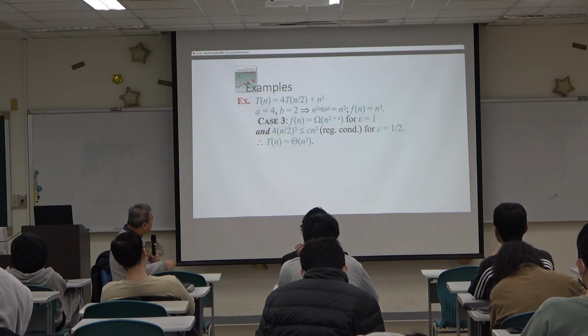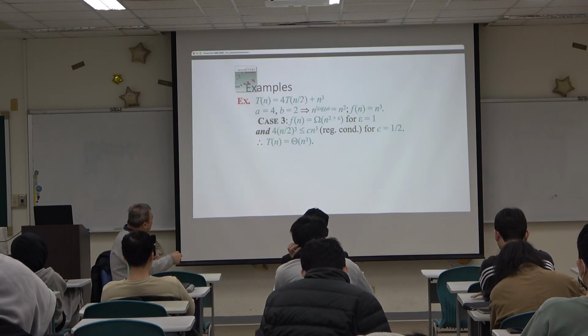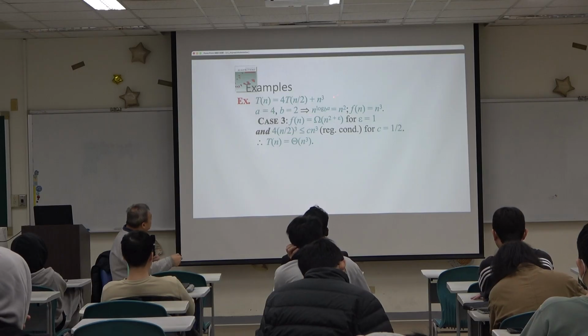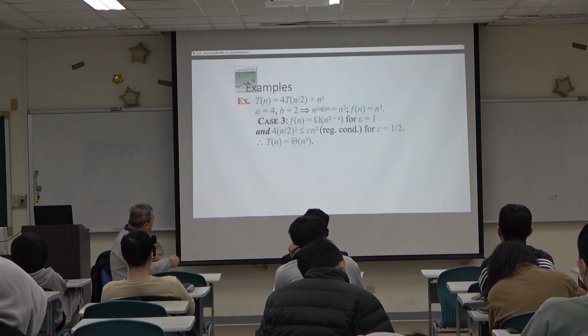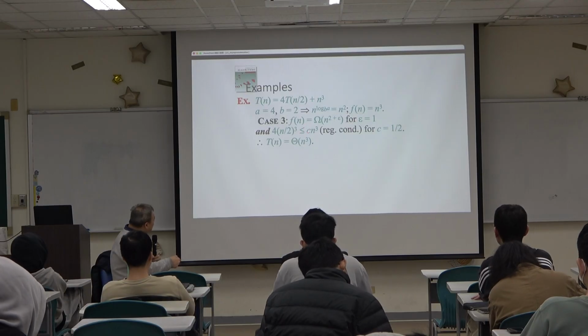We also need to check the regularity condition. 4 times f of n divided by 2, which is 4 times (n divided by 2) to the power of 3, is it smaller than or equal to c times n cubed?